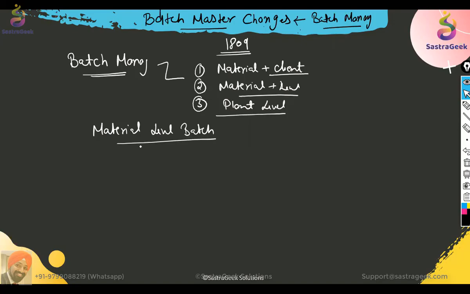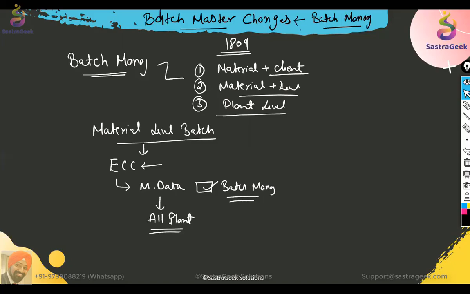So what was happening in ECC, as soon as you are with the material level batch, when you create a master data and you activate batch management, this batch management gets activated for all plants. If your batch is at the material level, you activated your master data batch management for the material. That material would be managed as a batch managed for all plants.